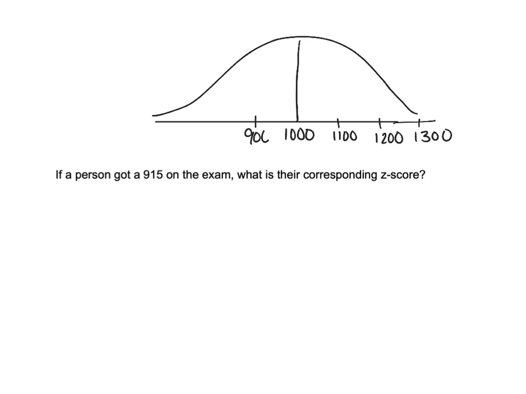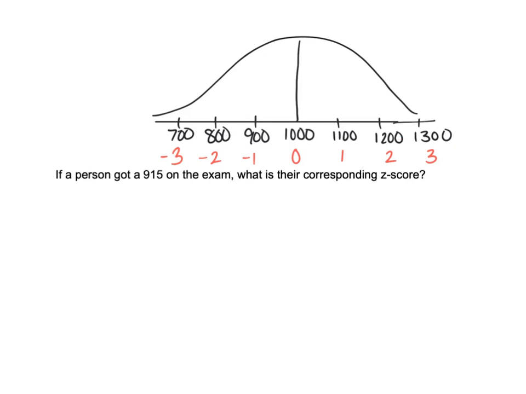Then we have 900, 800, and 700. And if we want to put the z-scores underneath, the mean is always 0, 1, 2, and 3, -1, -2, and -3.